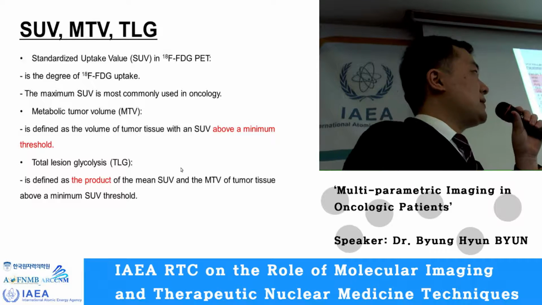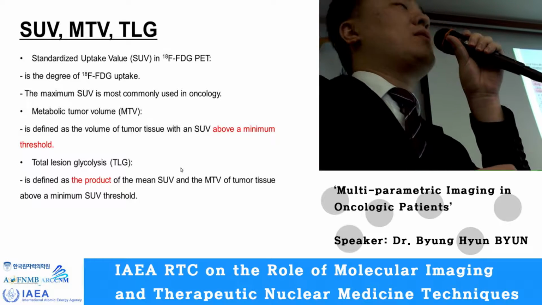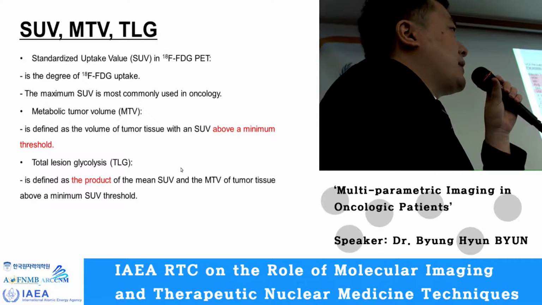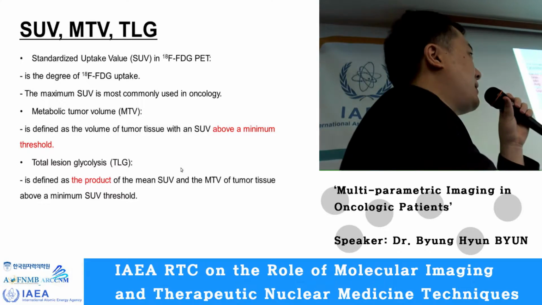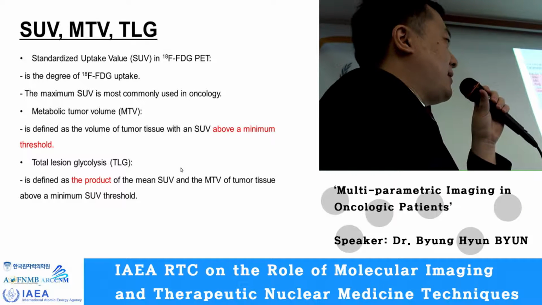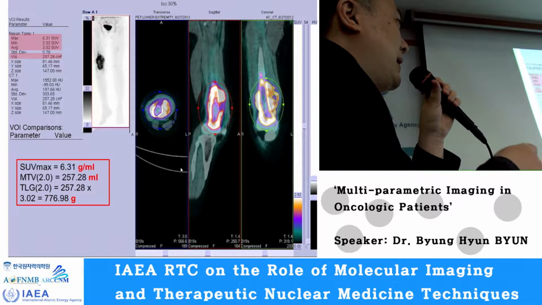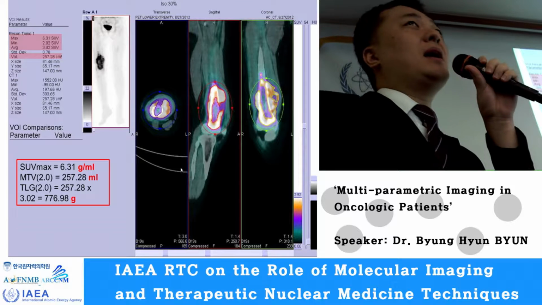This is a PET image of a patient with osteosarcoma in the right femur. You can see a hypermetabolic mass in the right femur, and if we just click the image, then we can acquire many parameters here.